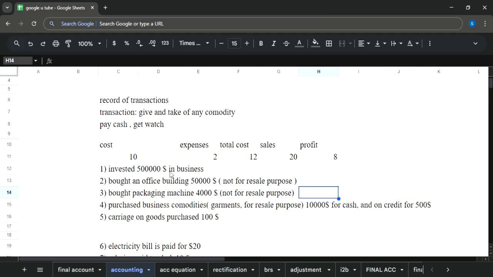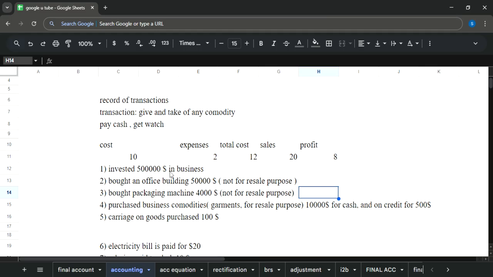You are the owner of the business, and here there is a twist. You are the owner of the business, but these accounts will not be made personally for you. Whenever you record your transaction for the business, you will not consider yourself as the focal point.